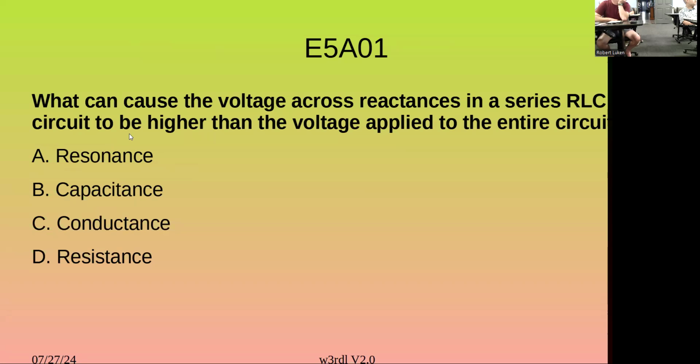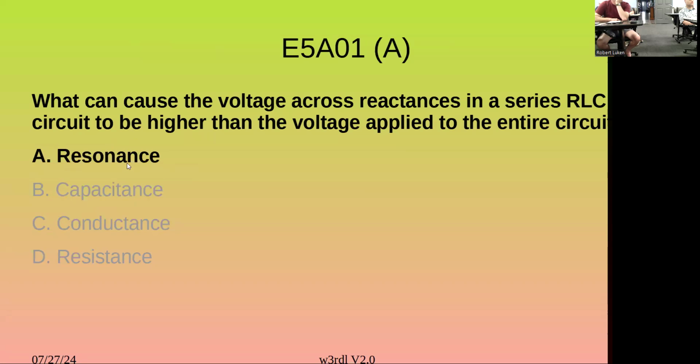I mean, it's not resistance. Right. Or capacity. And we hadn't talked about conductance yet. Okay, so it would be resonance. Yep. It's not the capacitance, it's the fact that it's at resonant frequency. Right.